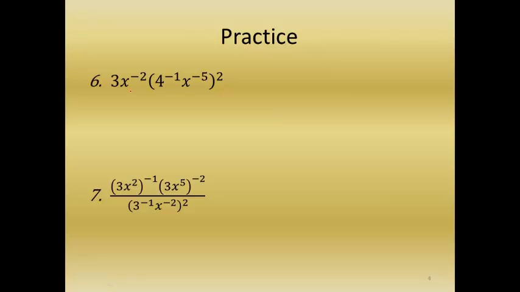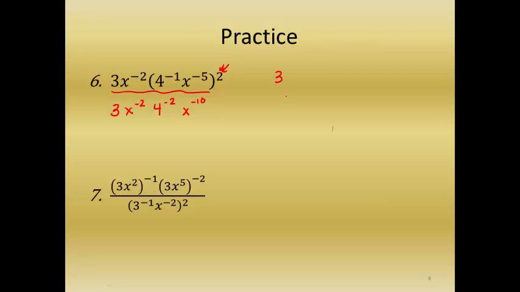So this one, I'm going to start handling this part first by making sure that I use power to a power. So that would be 4 to the negative second and x to the negative 10th. And since this is all multiplication, I don't really need the parentheses once I've taken care of the exponent. So I have 3 and then x to the negative second. Next thing I can do is relocate anything with a negative exponent.